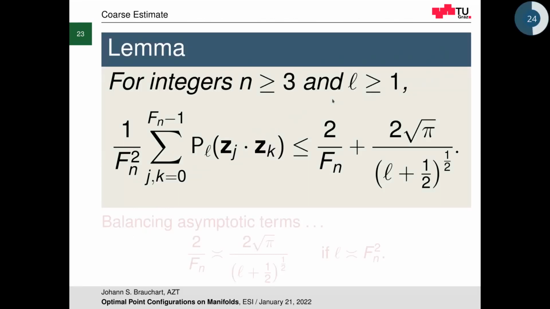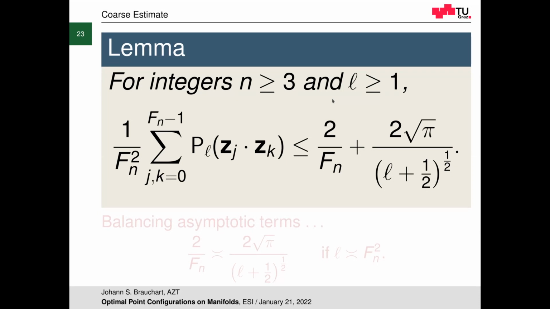Okay, you can do estimates, and one coarse estimate is this here. That's really a coarse estimate, which simply works with the Legendre polynomials themselves. So the Weyl sum is bounded by two terms. One term is in terms of the number of points, the other in terms of the degree of the polynomial.